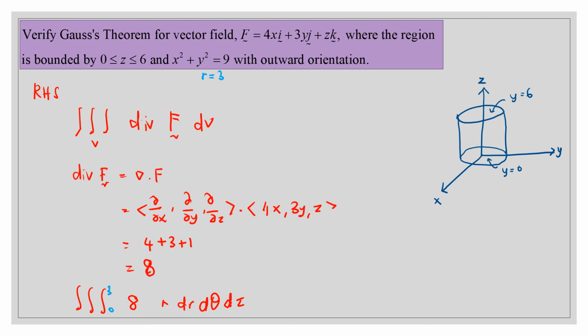Okay, for theta, it is a full circle, so from 0 to 2 pi, and z is 0 to 6. Okay, so these are the limits for integration. I will continue the integration in the next slide.